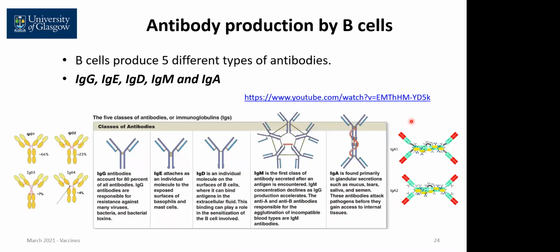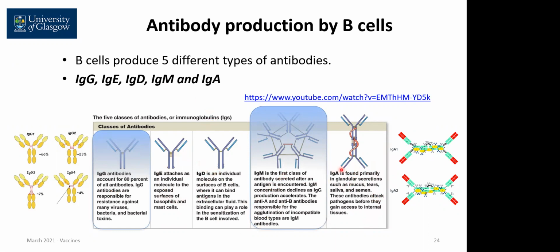So if we just move on and talk a bit about antibody production by B cells. B cells produce 5 different types of antibodies. So these are the 5 here. The 2 that we're most specifically interested in are IgG and IgM within the context of vaccinations. There are other types, so IgE, IgD, and IgA have other functions within the human body.